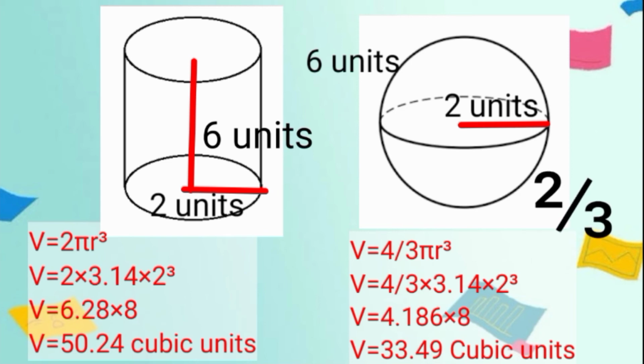So therefore, if the volume of the cylinder is 50.24 cubic units, we are going to get two-thirds of this in order to get the volume of the sphere. So two-thirds of 50.24 is 33.49 cubic units. So the volume of the sphere is 33.49 cubic units.